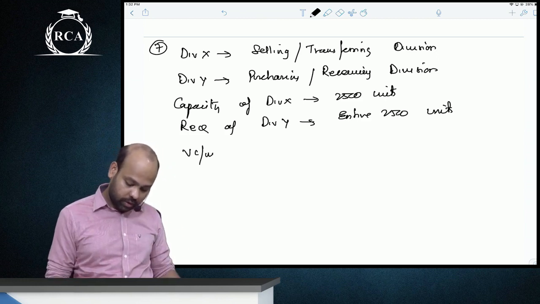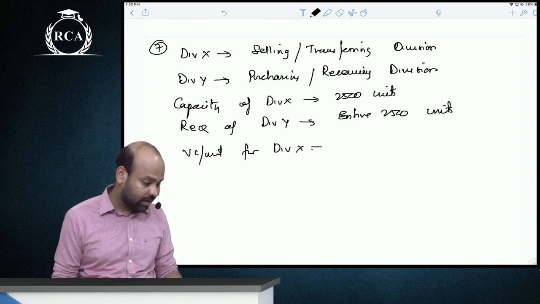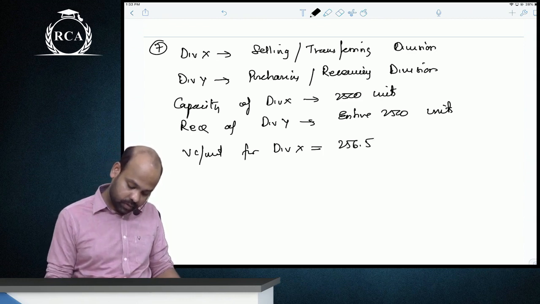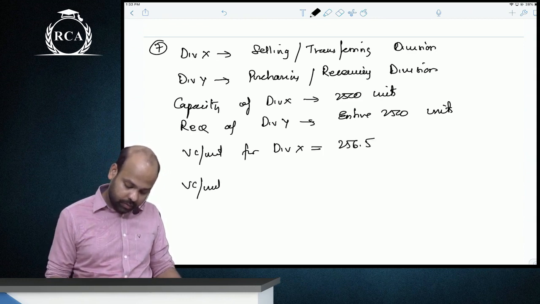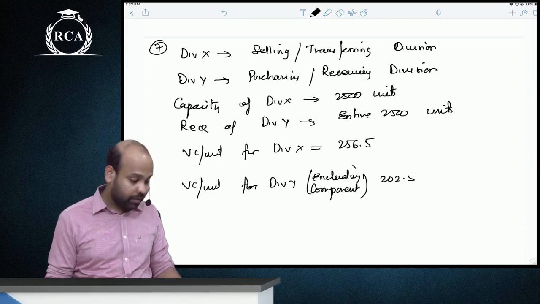The variable cost per unit, beta, for Division X is 256.5. The variable cost per unit for Division Y, guys, excluding component, they will have to incur 202.5.